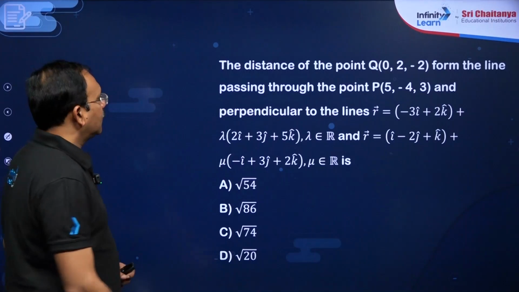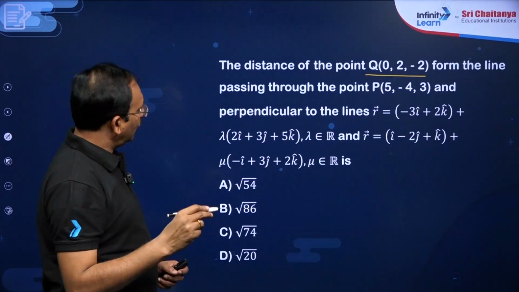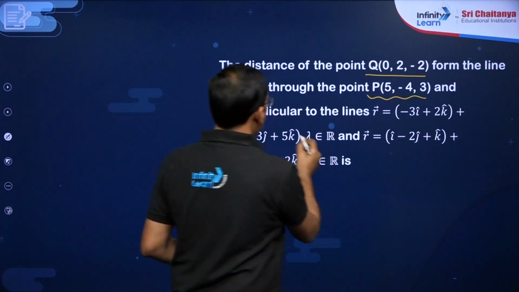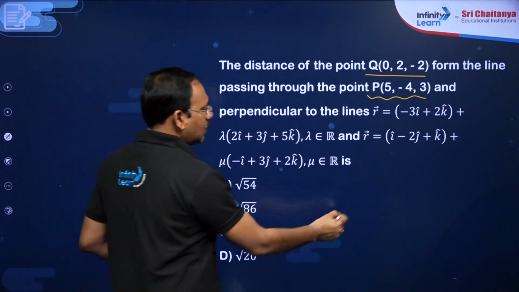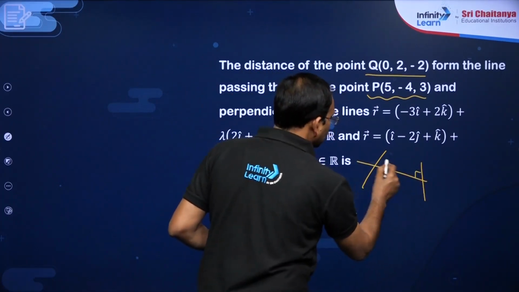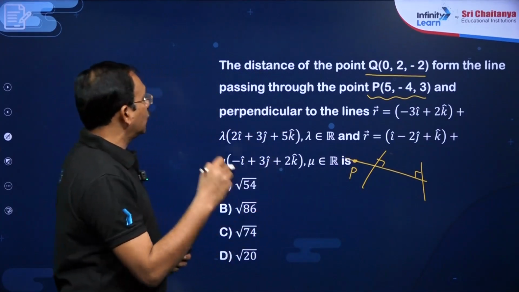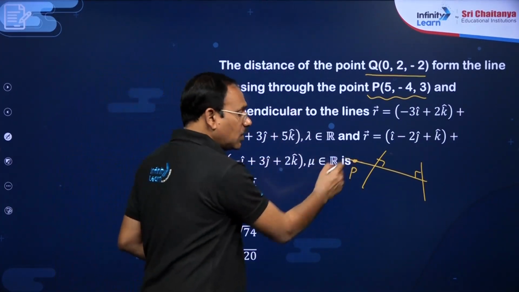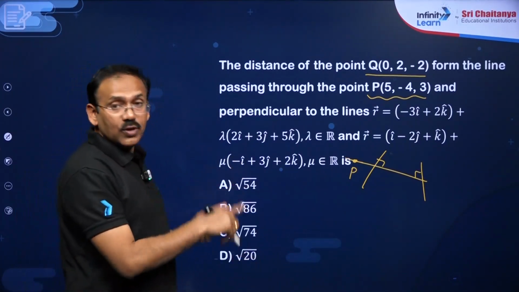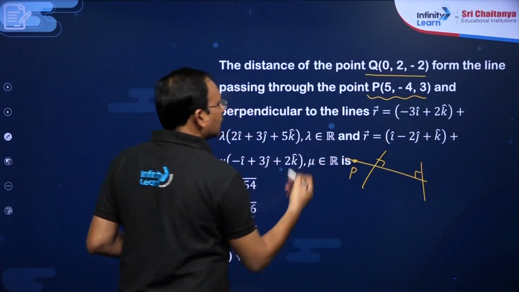You see, he has given two lines, and there is a line perpendicular to these two and passing through P. First you find that, after that you have to find the distance of Q from this. Whenever you want a line which is perpendicular to two given lines, my dear friends, its DRs are nothing but along the cross product of the DRs of the given two lines.